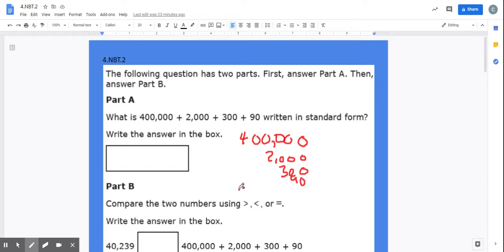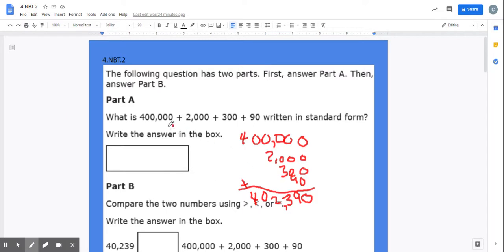So by lining up our numbers and then adding them, we see that the standard form of our number is 0 ones, 9 tens, 3 hundreds, 2 thousands, 0 ten thousands, and 4 hundred thousands.